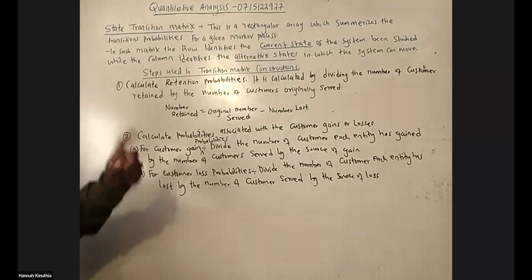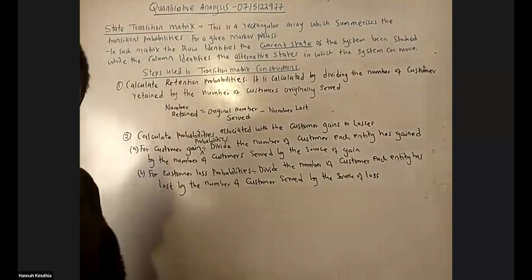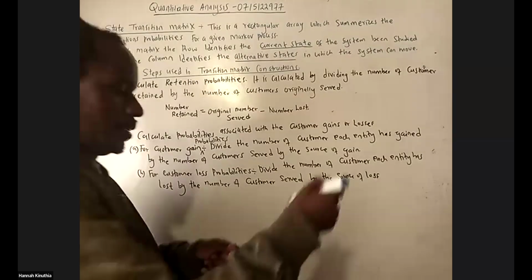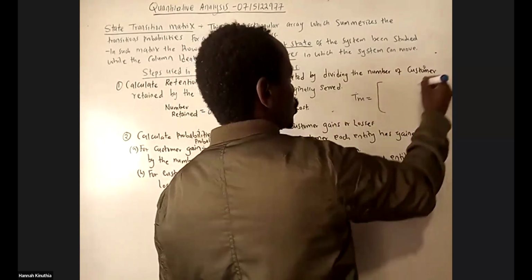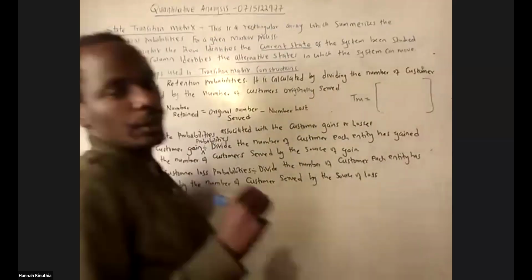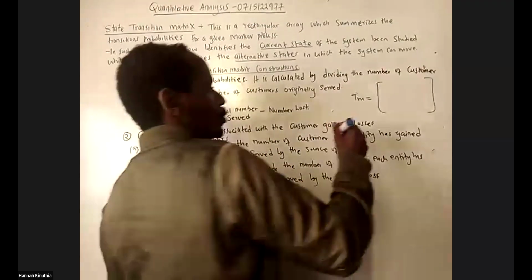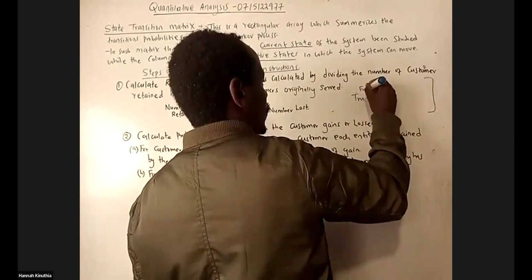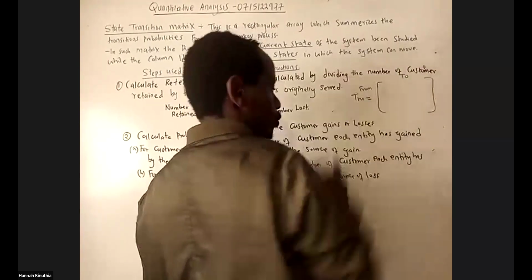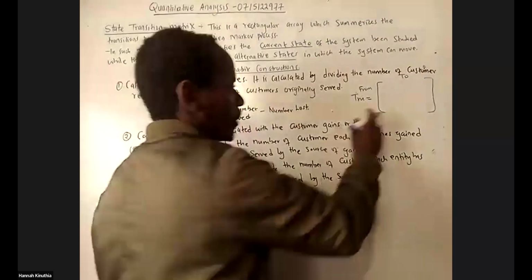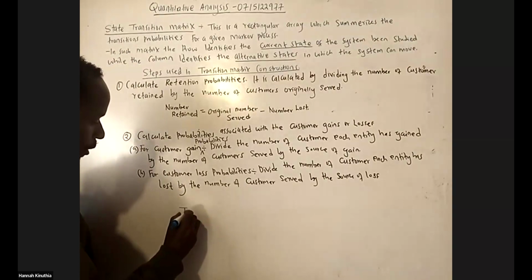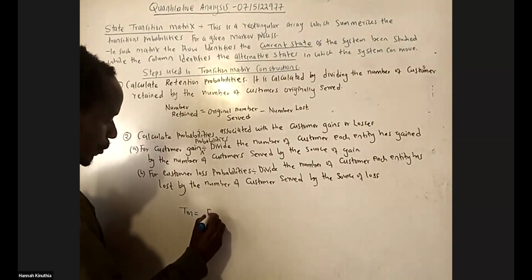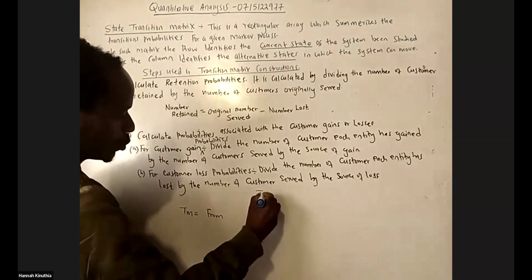Now we need 3 items when we are calculating our transition matrix. For example, this is a transition matrix, so we need 3 items: from, and to.